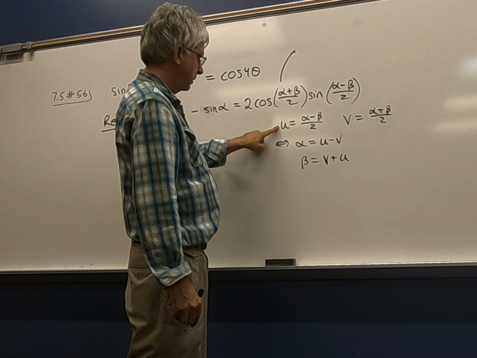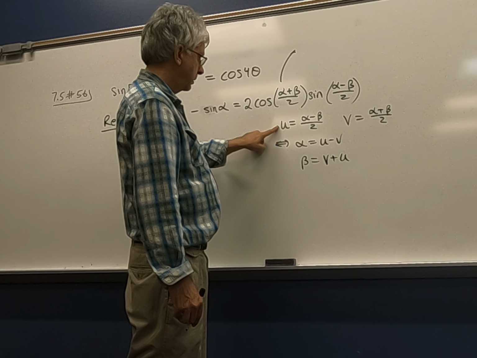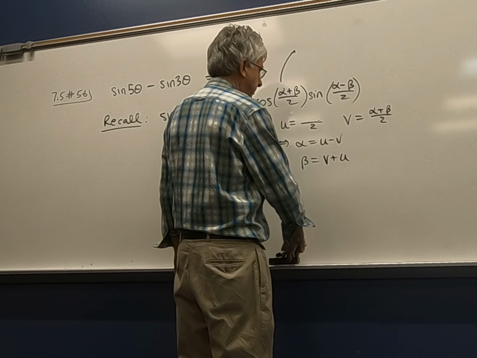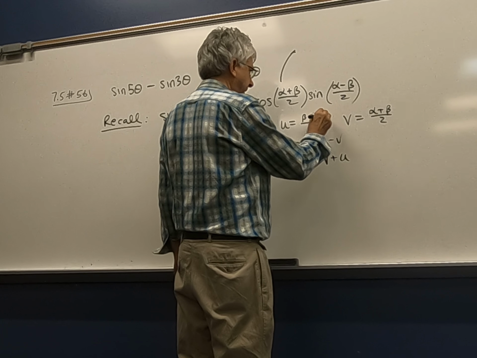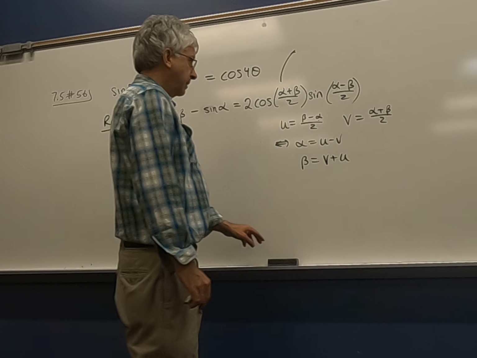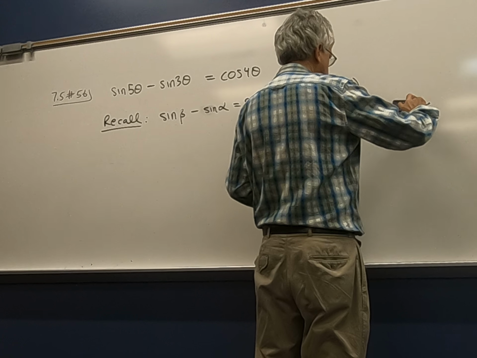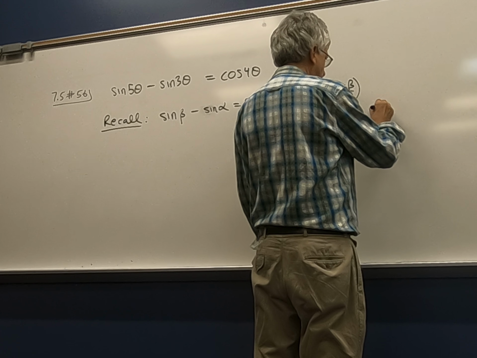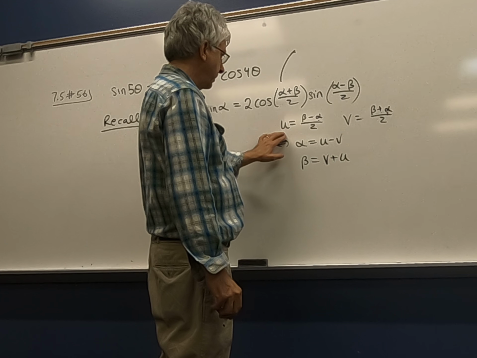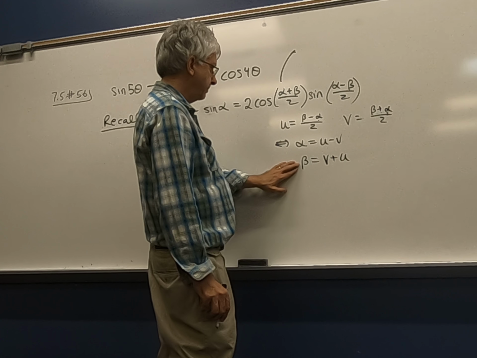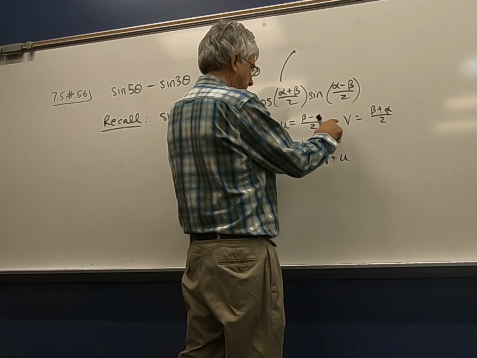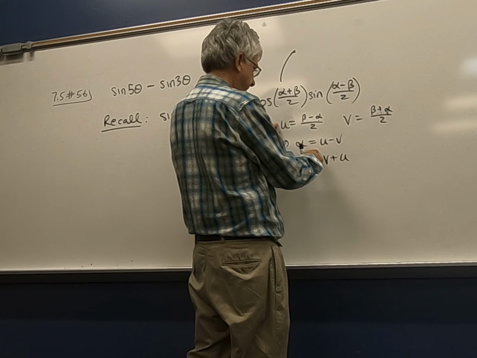I think I have to go the other way about. Beta minus alpha, right? So many different permutations of these things. If I make this beta plus alpha, it's easier to look at. If I finally settle on the right thing, if I add these up, I'm going to get beta. If I subtract, v minus u, I'm going to get alpha.